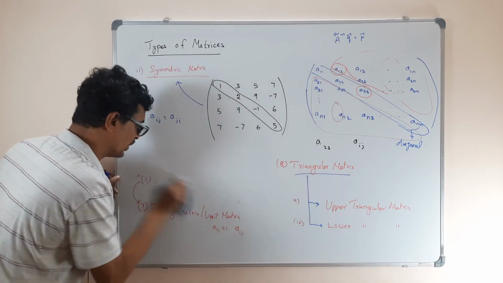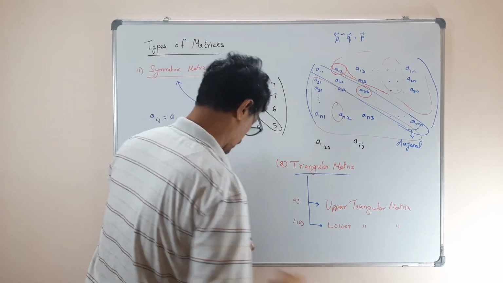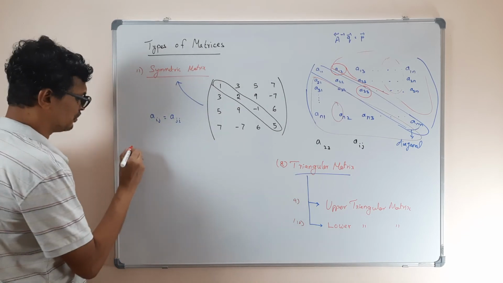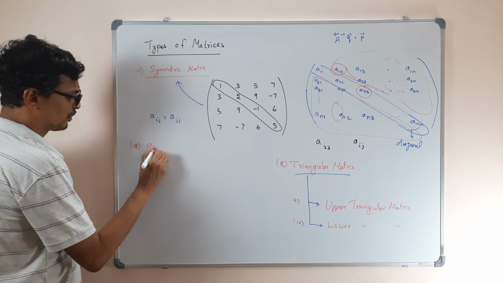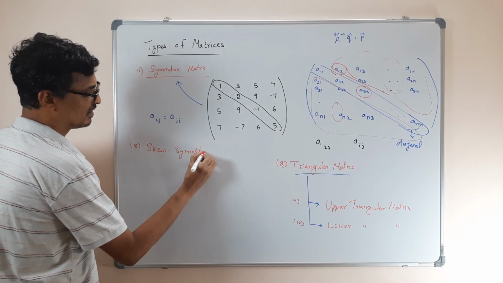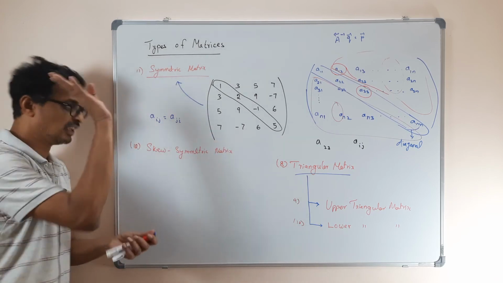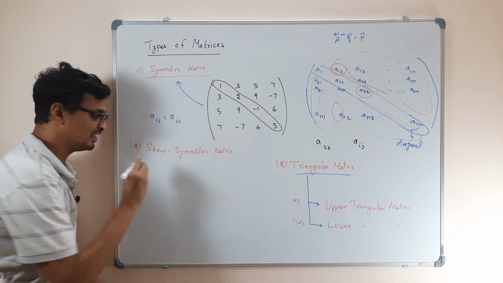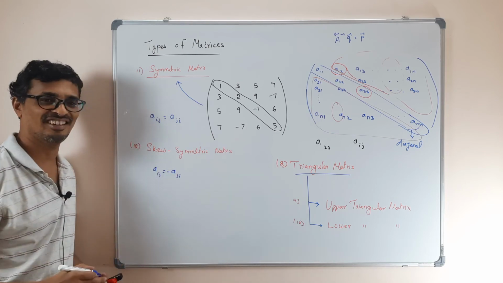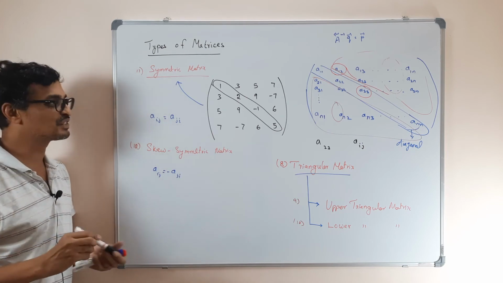It is simple. The same thing you have said, I just add a minus sign to it. You got it? So if it is a minus sign, then that matrix is a skew symmetric matrix.